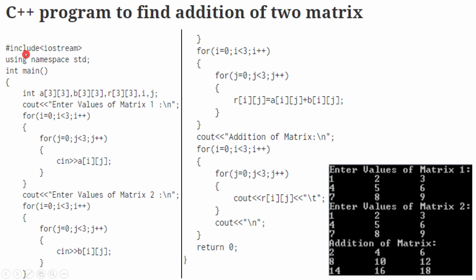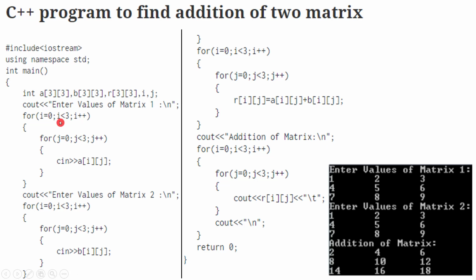The header files, hash include iostream, using namespace std, int main, curly bracket, for defining three matrices A, B, R. A will be matrix 1, B will be matrix 2, and R will be the addition matrix, the final matrix. And as it is a two-dimensional array, you have i and j, ending with a semicolon. cout, enter the values of matrix 1, displayed as such here.